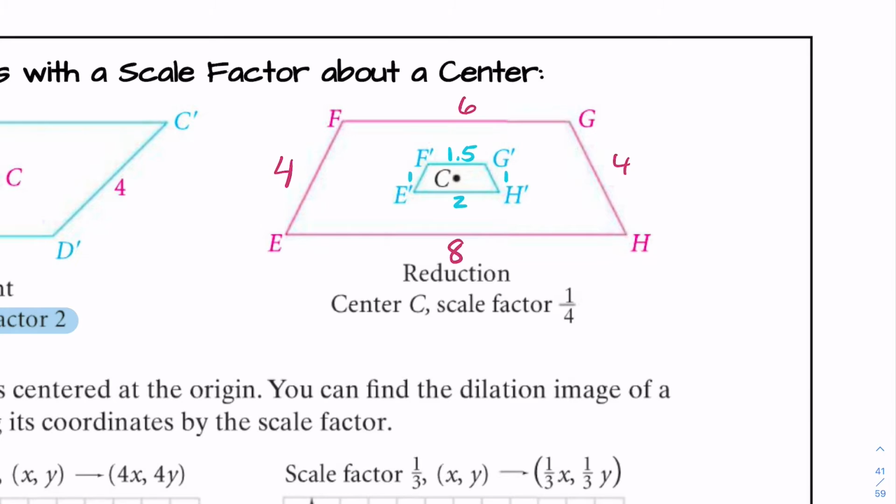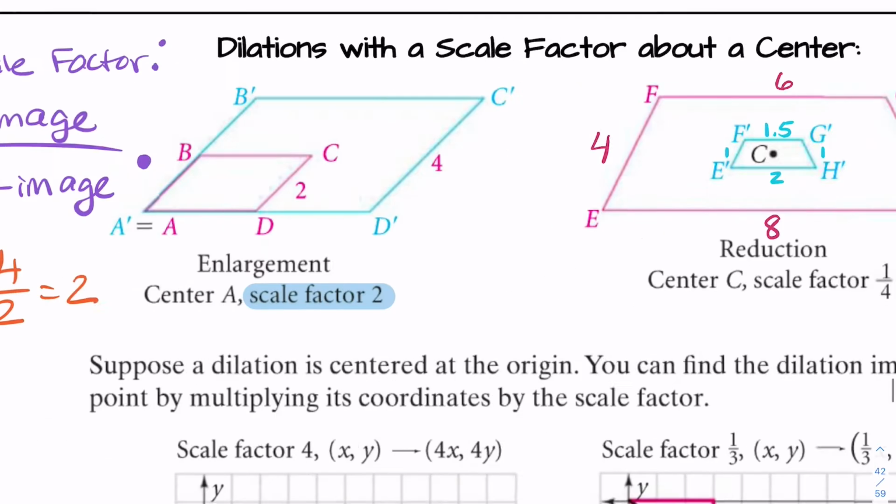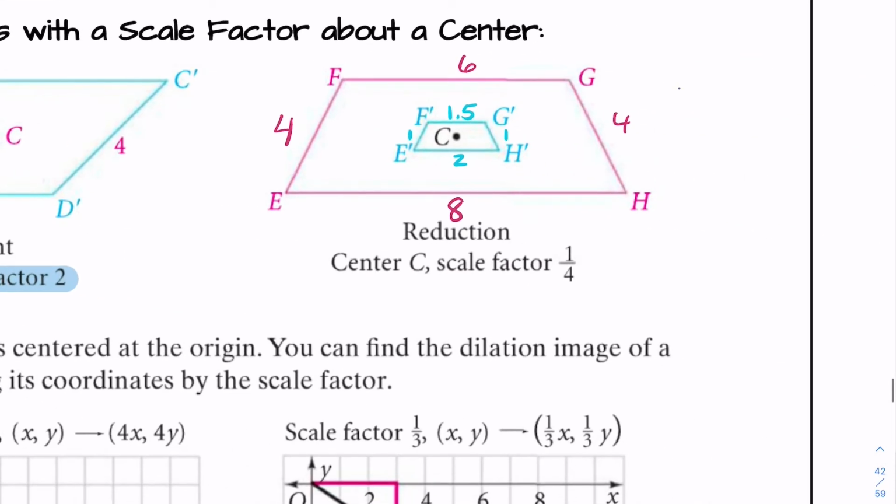And I know this because I would have taken any one of these numbers. I would have done image over pre-image. I would have had 8 over 2.